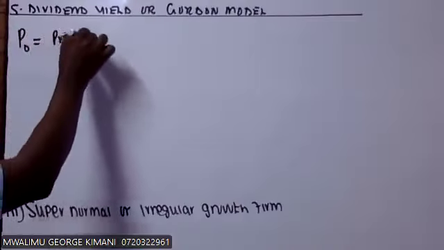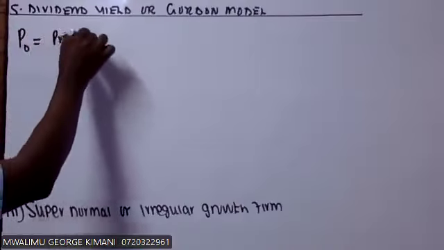Now, if we are told to get the market price per share, Roman 1, MPS, that is P naught. We already have written the formula.